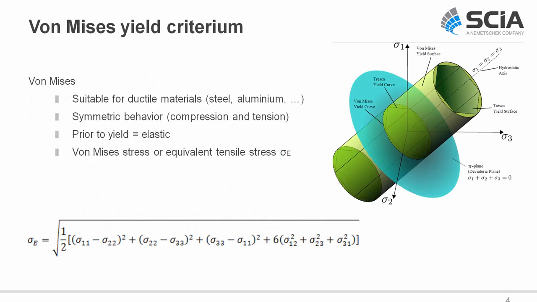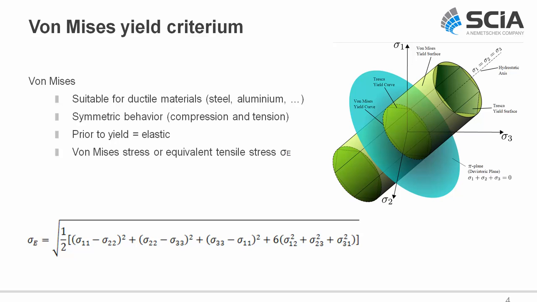Okay, let's now have a look at the theory which is implemented so far into SCIA Engineer. The von Mises yield criterion is currently available. In future versions, also some other yield criterions, an example is the Tresca yield criterion, will be inserted into SCIA Engineer. So far the von Mises yield criterion is currently available.